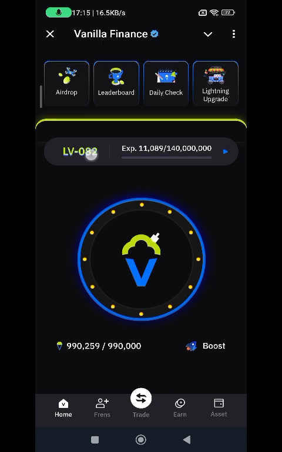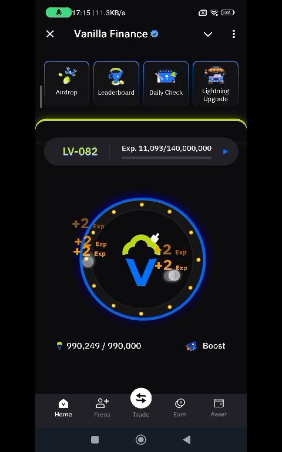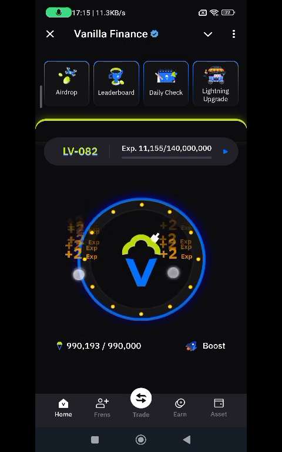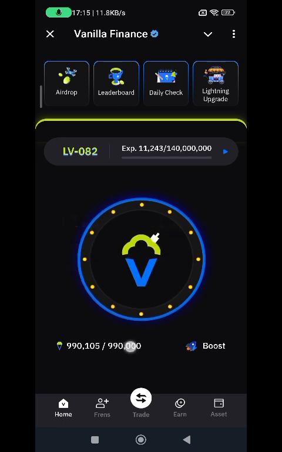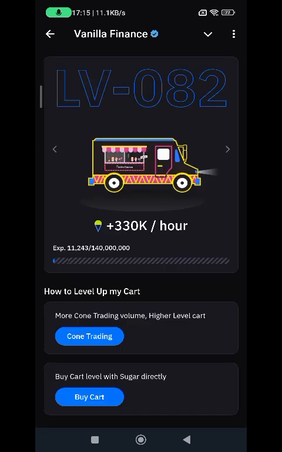So for level 82, I was given a limit level of 990,000 coins. What this means is that even if I misuse these coins, for instance if I start tapping, and my coin gets below this value here, automatically my profit per hour will kick in and start reading.